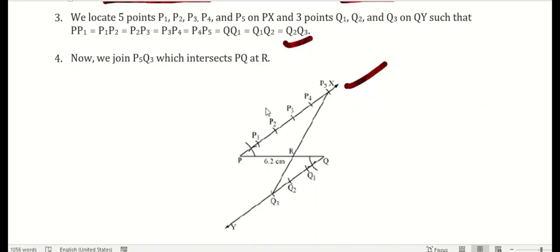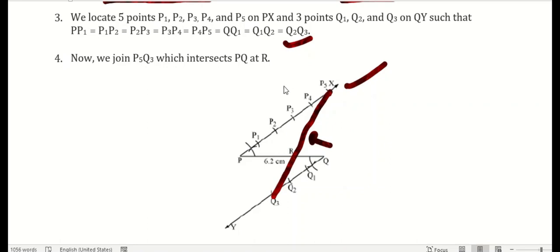Don't move your compass. Now we join P5 with Q3. The last of the line segment along PX, you join this point P5 from here to Q3, that is on QY, and which intersects PQ at R. Here is the R, it is intersecting here, right?